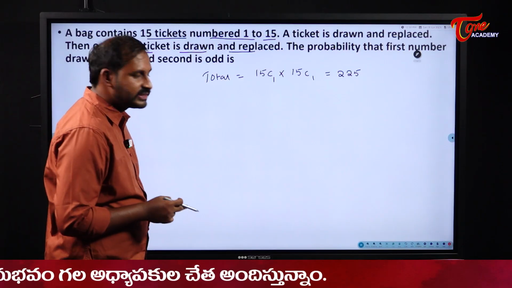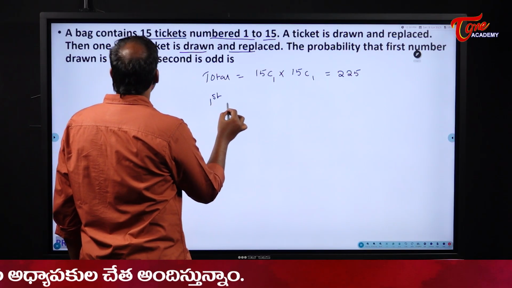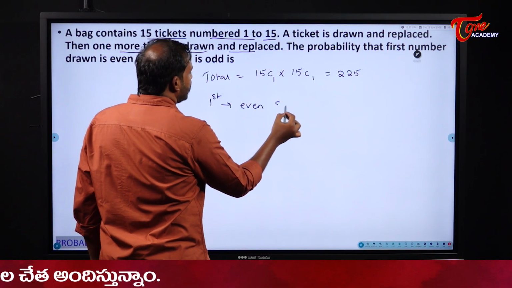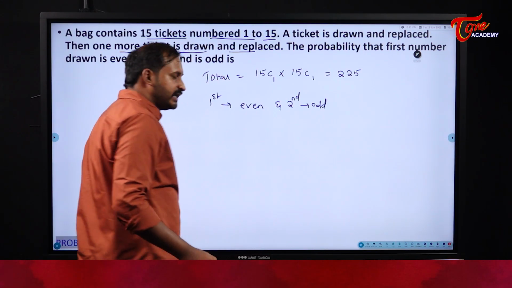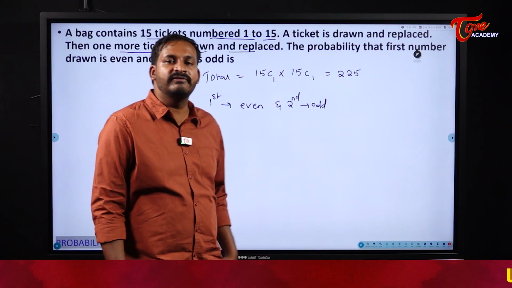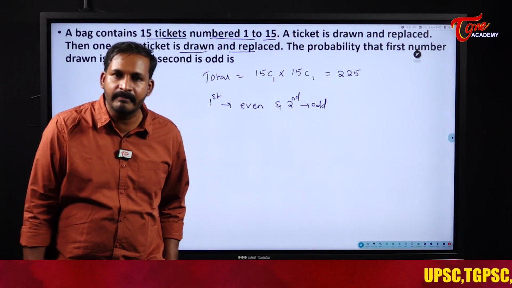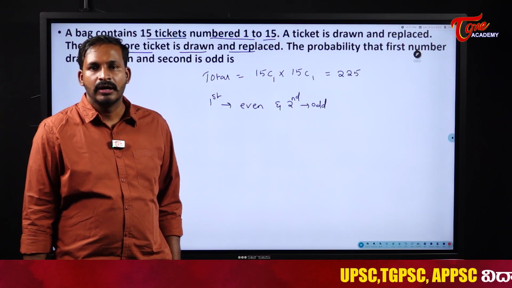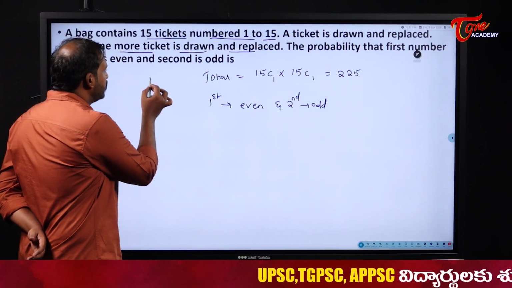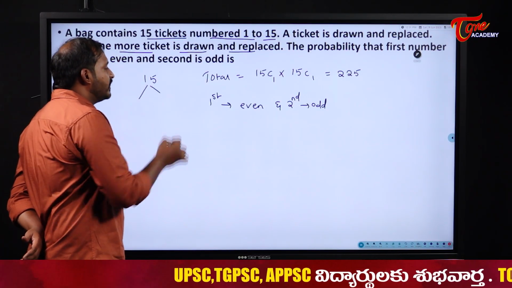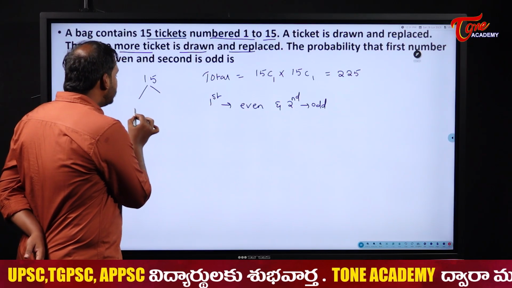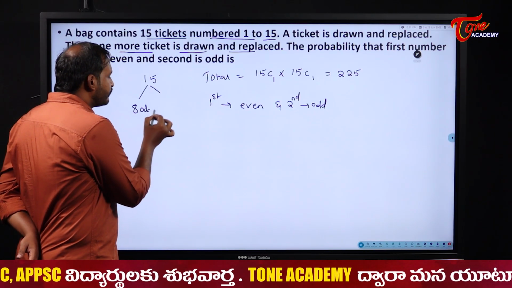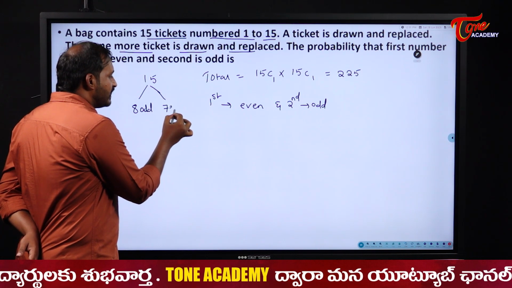Now the case is first one is an even and second one is an odd. Tell me out of 15 tickets, how many even numbered tickets and how many odd numbered tickets we will have, students? We will have 8 odd numbers and 7 even numbered tickets.